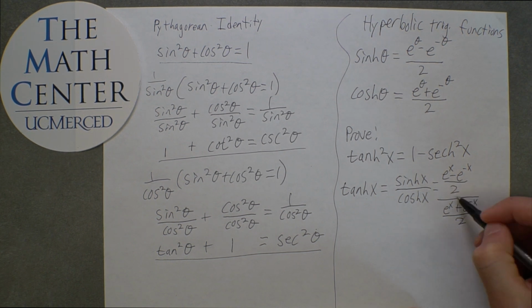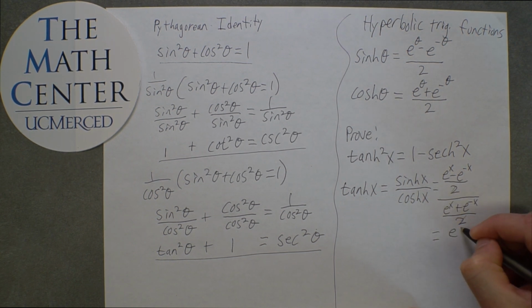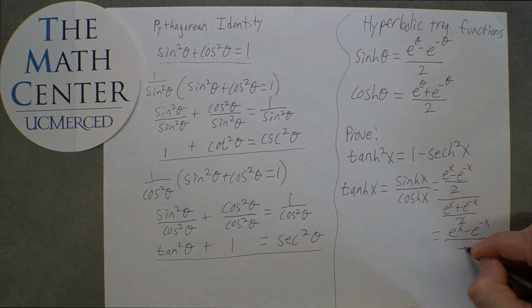So these 2's will cancel out, and we get e to the x minus e to the negative x over e to the x plus e to the negative x.